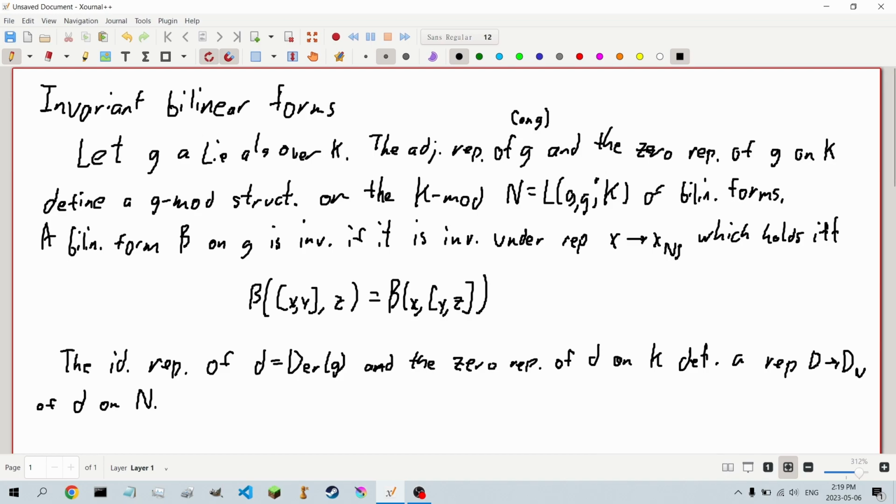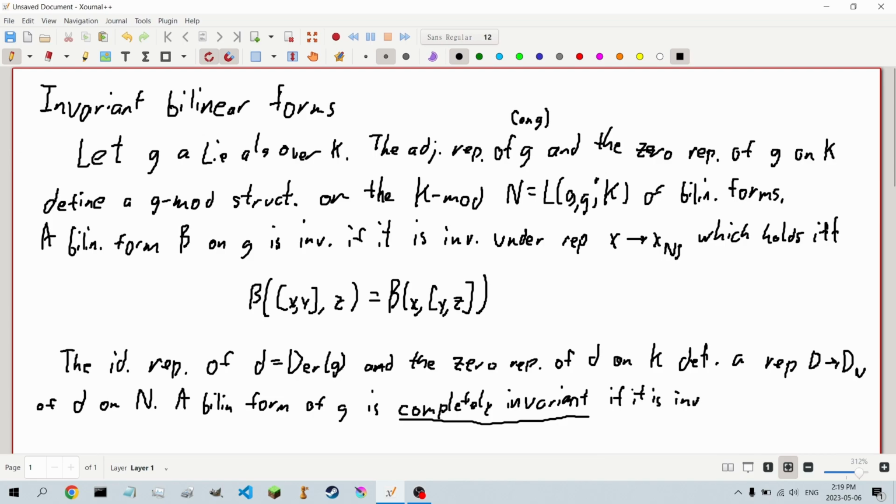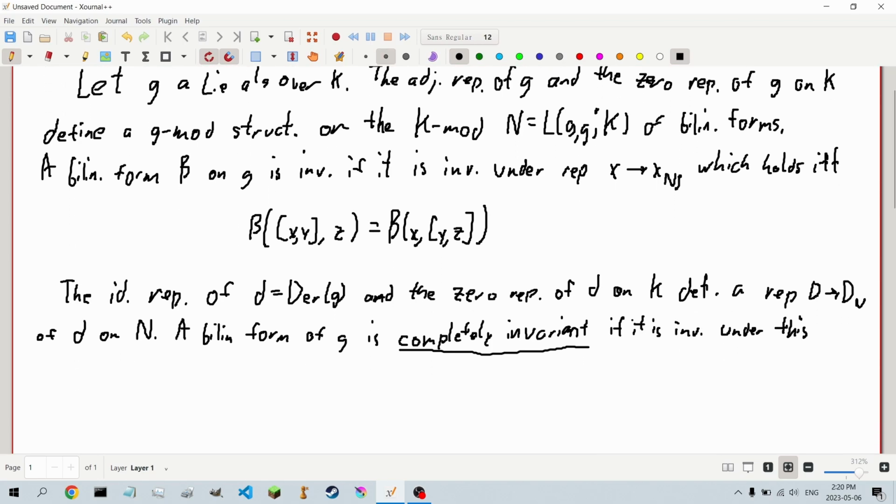And so we see a bilinear form of G is completely invariant if it is invariant under this representation of the derivations acting on the bilinear forms, which implies it's regularly invariant.